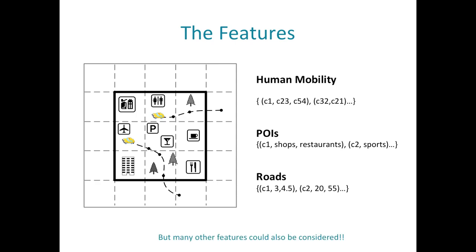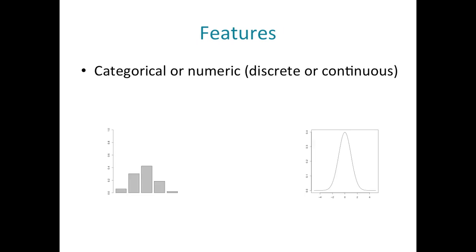And then we can use these features for a prediction problem. Independently of what features we choose, they're always going to be either categorical or numeric. We can also describe them as discrete or continuous. Either they take a set of values or they take a continuous numeric value.